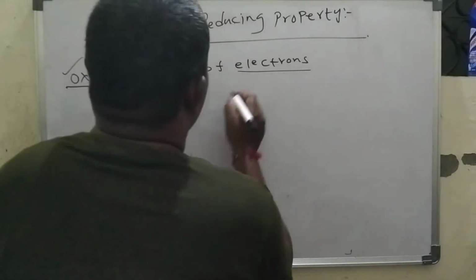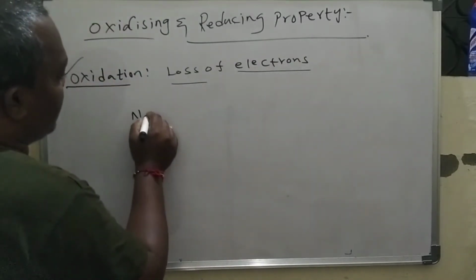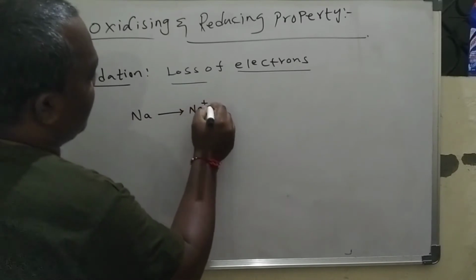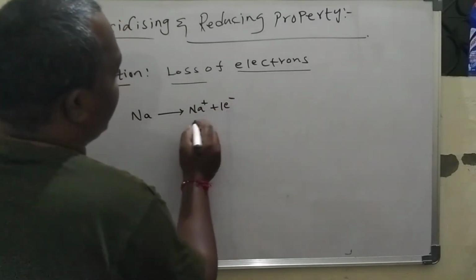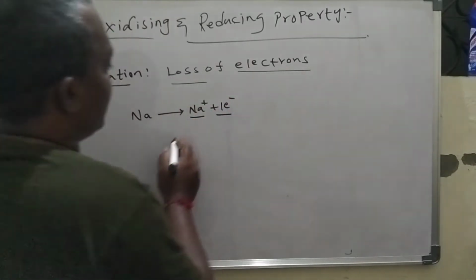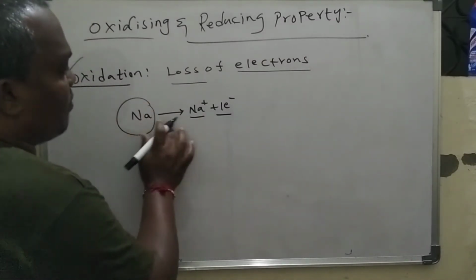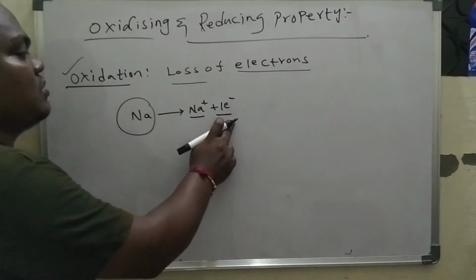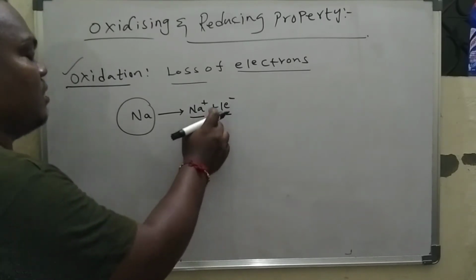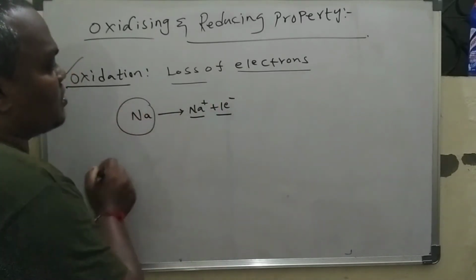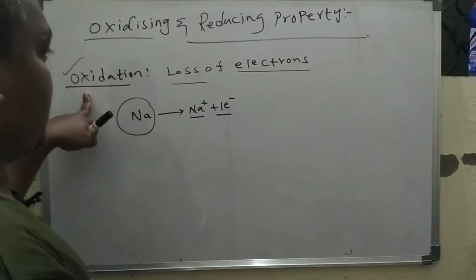For example, sodium loses one electron and forms a sodium plus ion. So the total process of losing one electron to become sodium plus ion we can call oxidation.